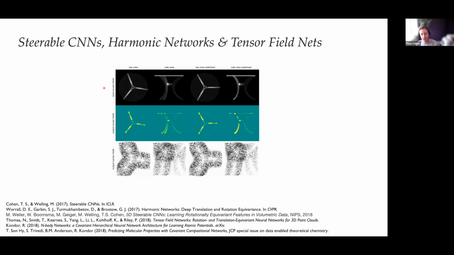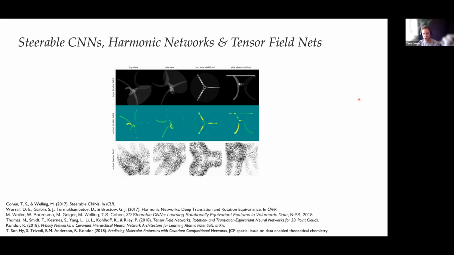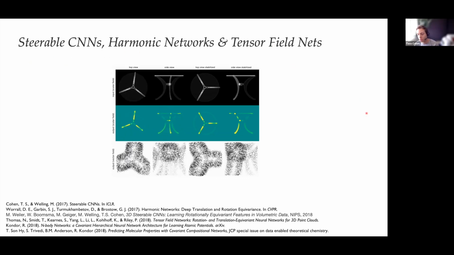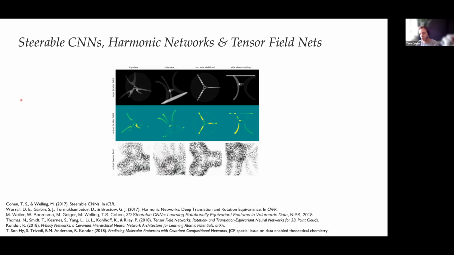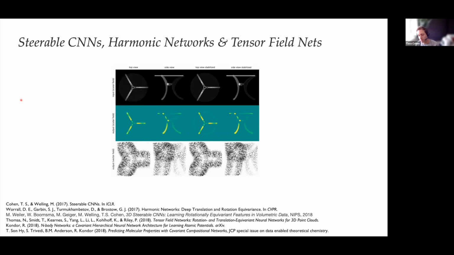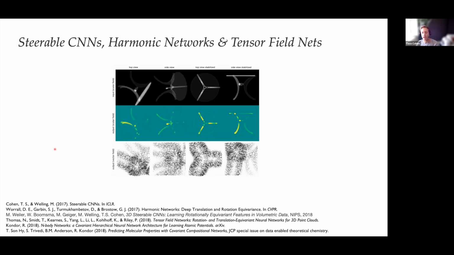And the general answer that has been published under different names like Steerable CNNs, harmonic networks, tensor field networks, the general answer is that you should do a convolution where the filter is constrained in some way. So in the case of scalar to scalar, you would get these circularly symmetric filters, and in other cases you get other kinds of constraints.